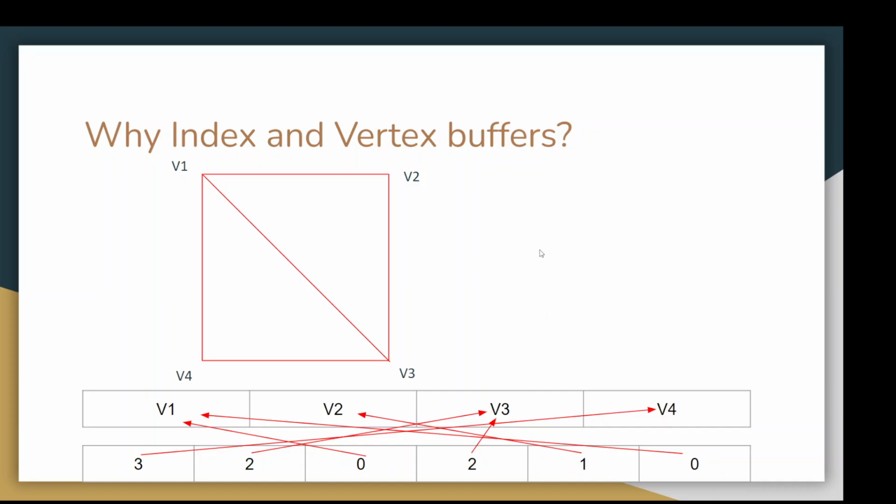Now, the eagle eyes among you would see that the vertices are in a counterclockwise order. See, this triangle here starts here, goes along to here, and goes here. This triangle starts here, goes up to here, and goes here. This is correct as you can't give the vertices in any order.